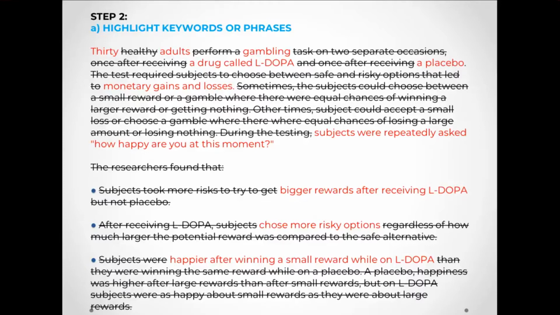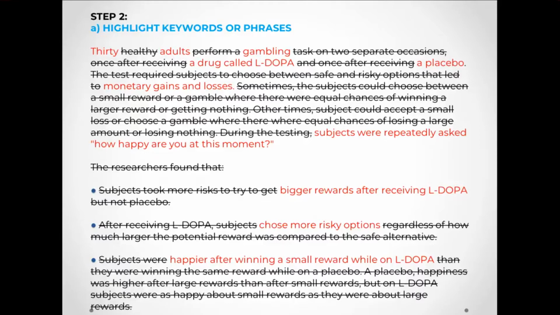And a phrase, or a sentence in this case: subjects were repeatedly asked, how happy are you at this moment? I also highlighted bigger rewards after receiving L-DOPA. That's important info. Choose more risky options, also very important info.